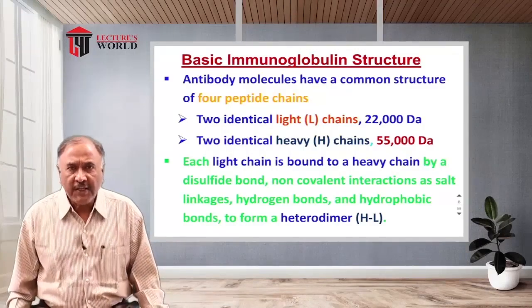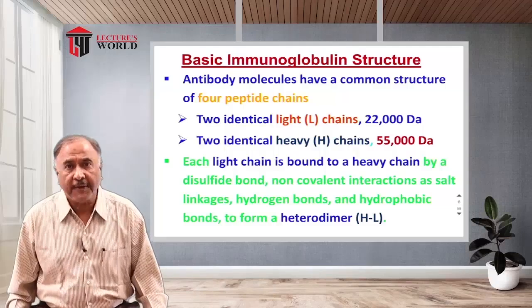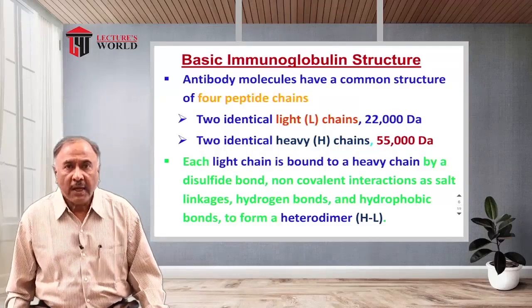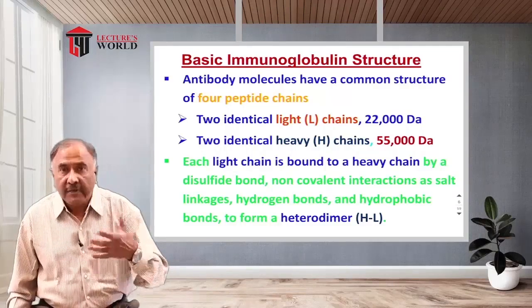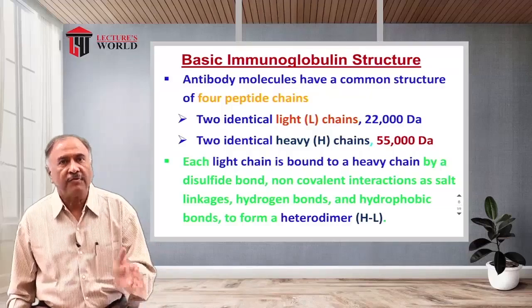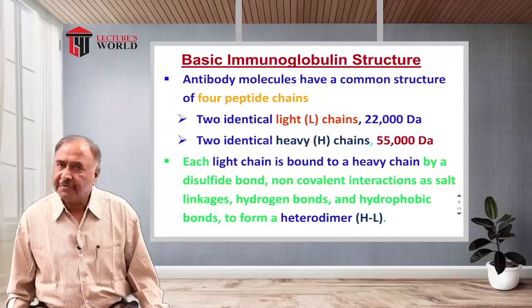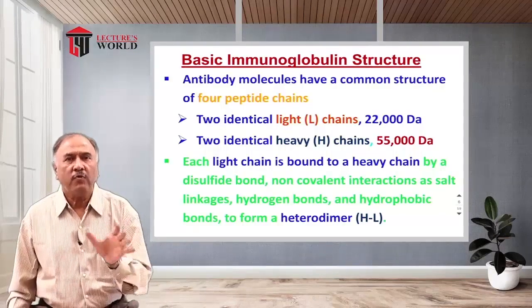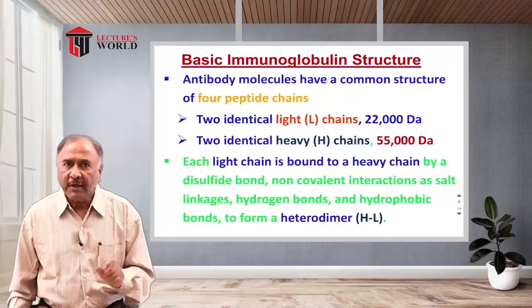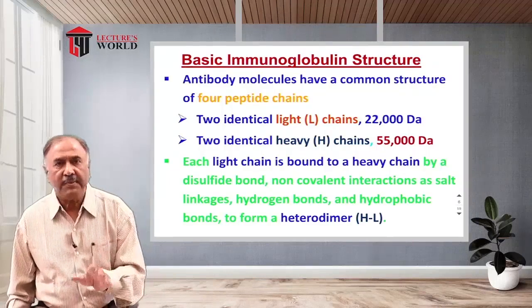If we see the basic immunoglobulin structure, I am using the word basic because, as we will see in detail, there are different types of immunoglobulin which vary in structure from one to another. But in all these different types, they have one basic structure. Therefore, let us study the basic structure of immunoglobulin.